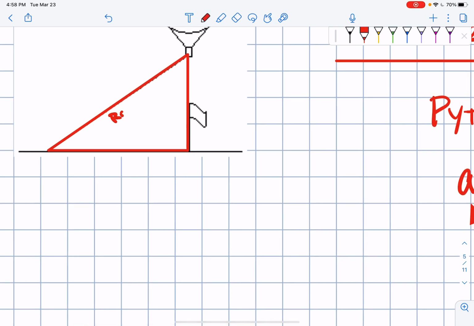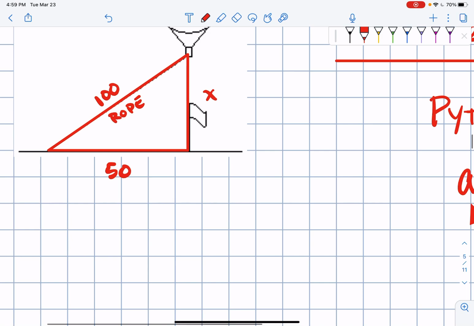Rope is taut. The balloon is directly above the flagpole that's 50 feet from where the rope is staked down. So this is 50 here. Find the altitude of the balloon if the rope is 100 feet. So the rope is 100 feet. The question is, how high is this?